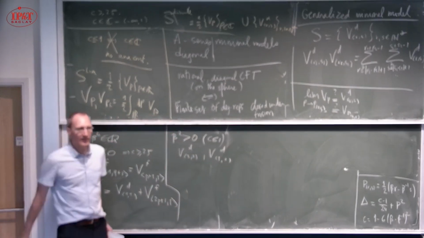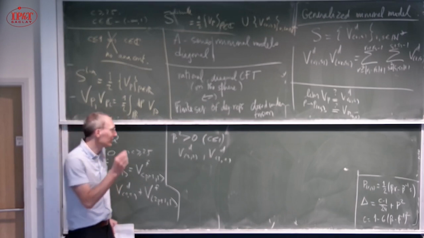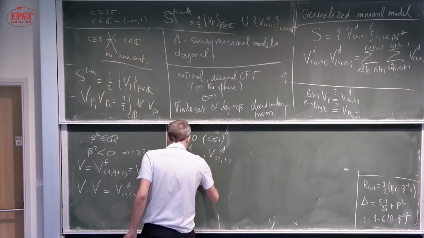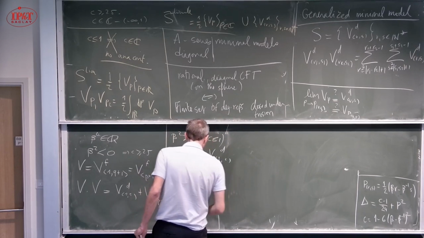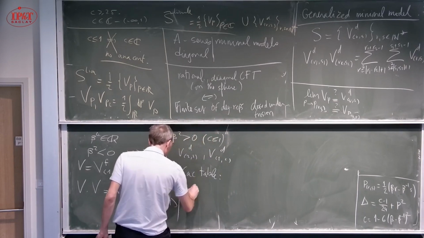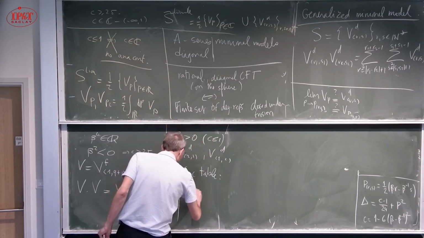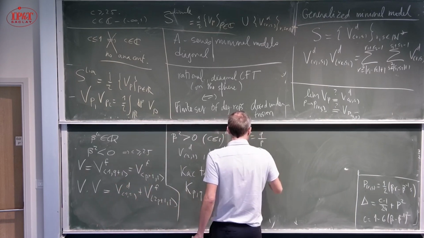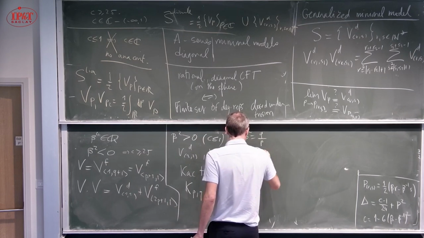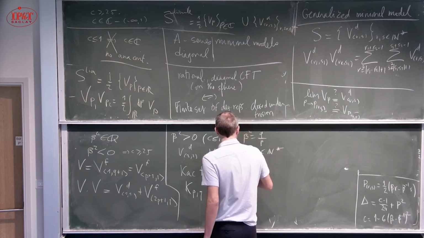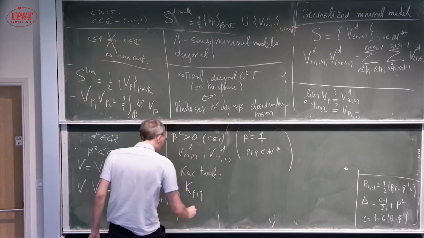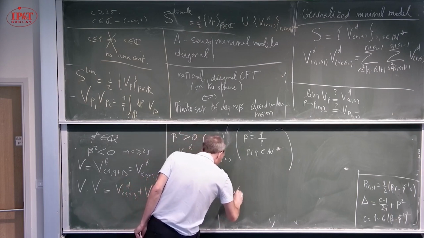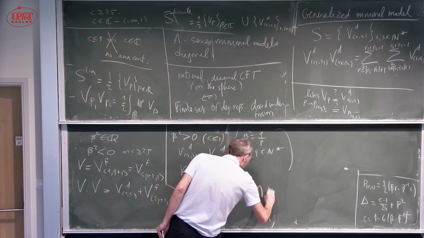First I'll make the claim and then I'll argue that it's true, or even prove it. So what is the Kac table? Now beta squared is Q over P, with P and Q positive coprime integers. Let me define the Kac table as just the set of (r,s) in [0,P] times [0,Q] intersection N times N.